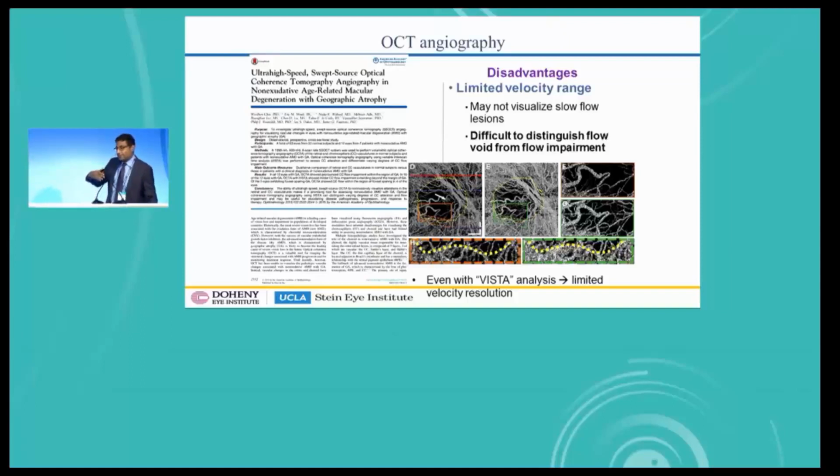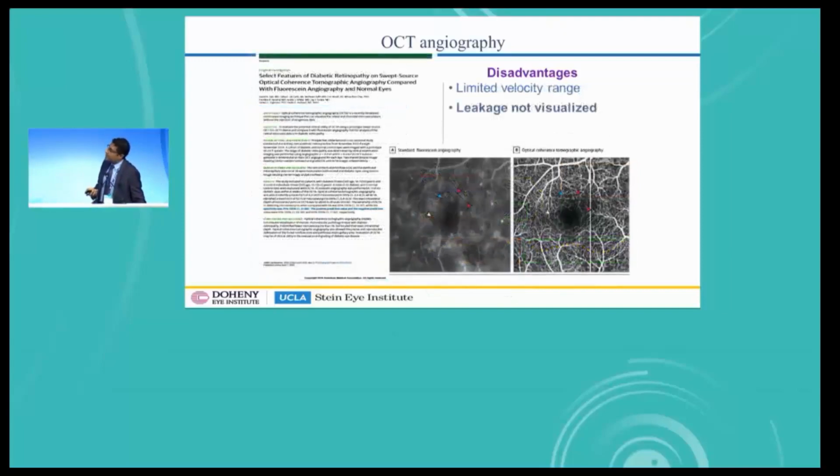So they were able to suggest that maybe there were different speeds of flow, maybe a reduction or an impairment, but not necessarily an absence. But even with this analysis, I'd point out that we still have relatively limited velocity resolution with OCT angiography, and that remains a key challenge.